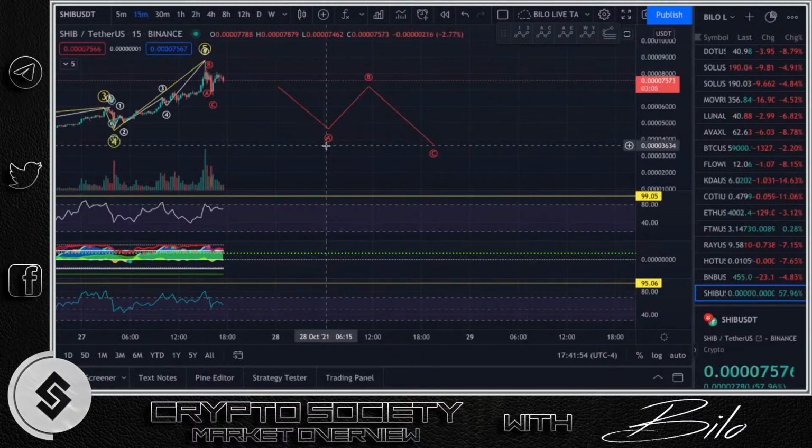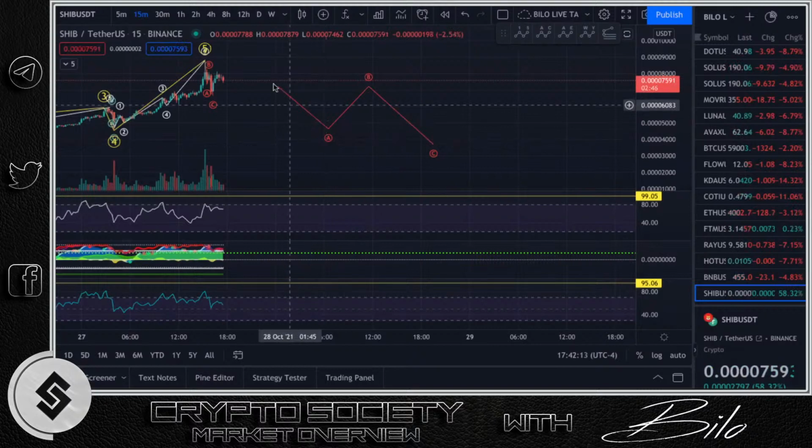So it would have the same characteristics, i.e., the 3 can't be the shortest wave. It's the same thing, whether it's bullish or bearish, the rules are the same. Even if you were going down, the characteristics remain the same, that one can't cross over another. It doesn't matter the direction, okay?